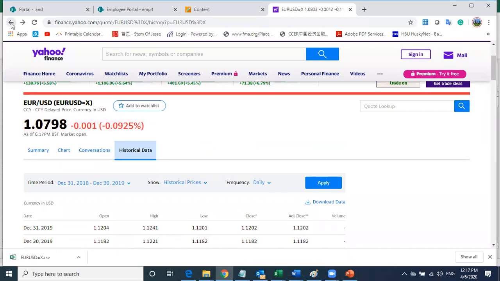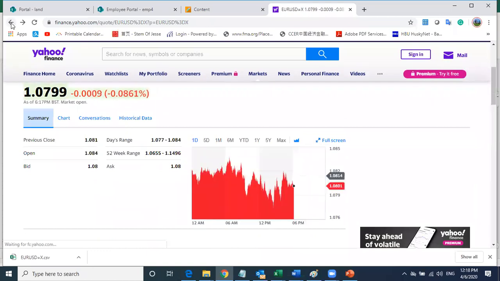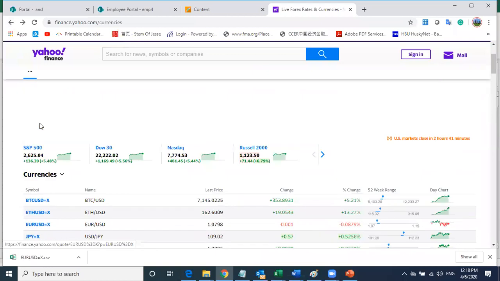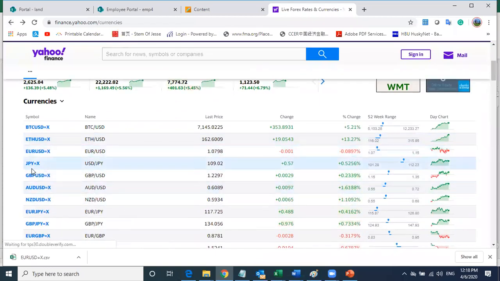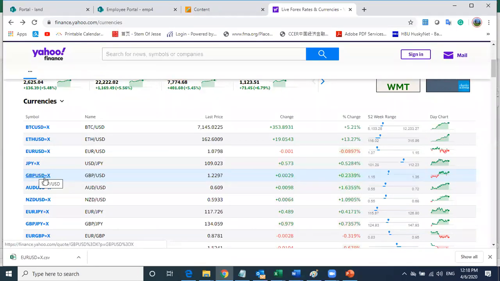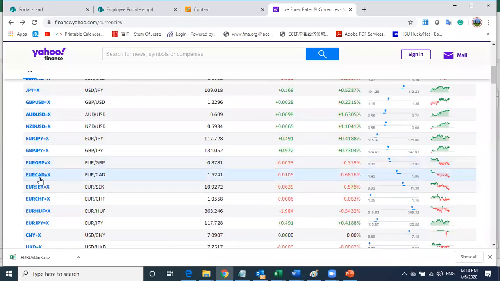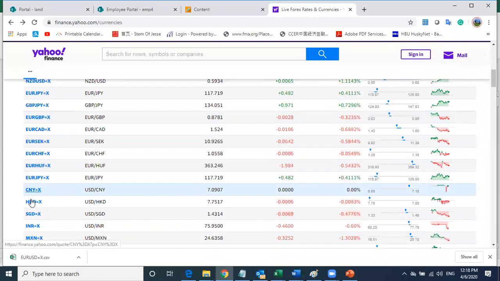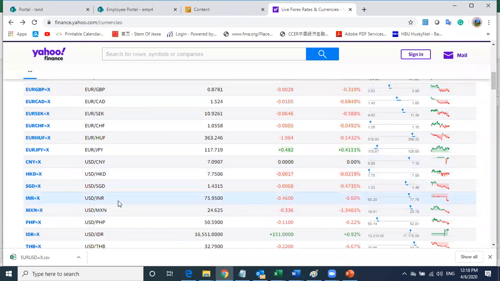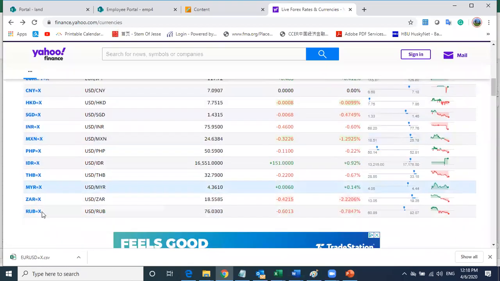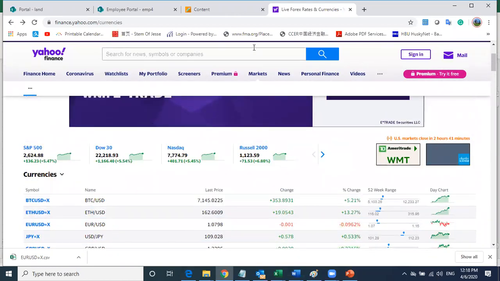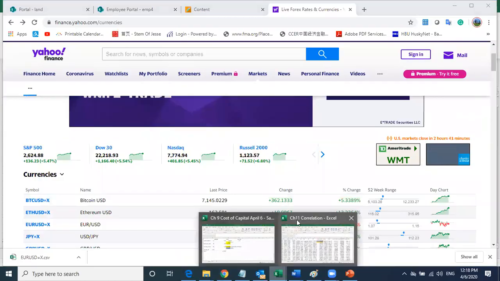You can also use the Australian dollar or some other currency, maybe the British pound, a Chinese currency, Hong Kong dollar, or Indian rupee. You just choose two different ones. That's fine.